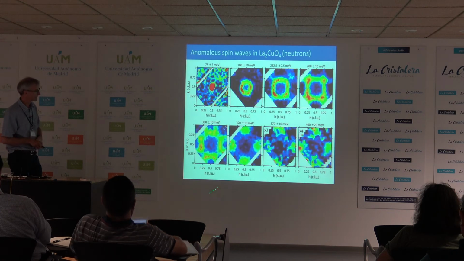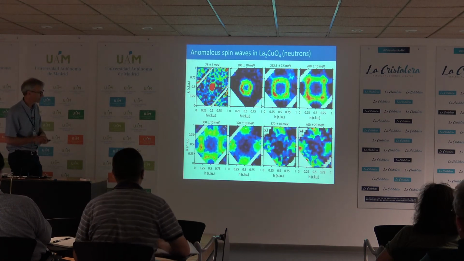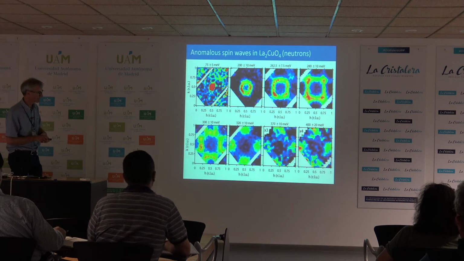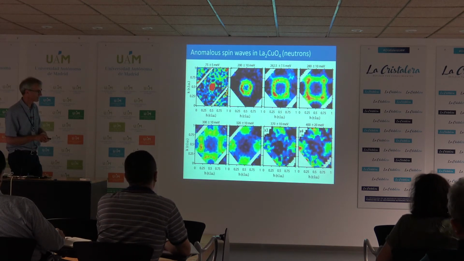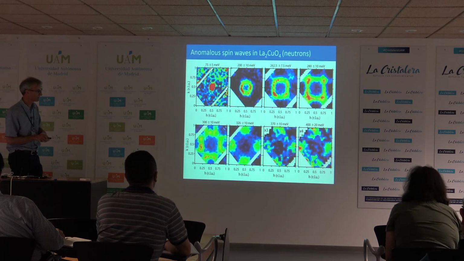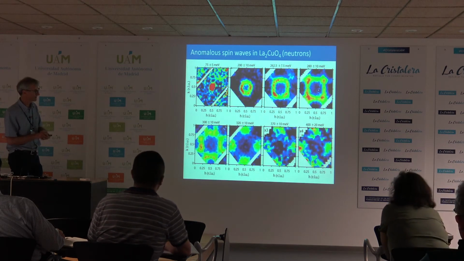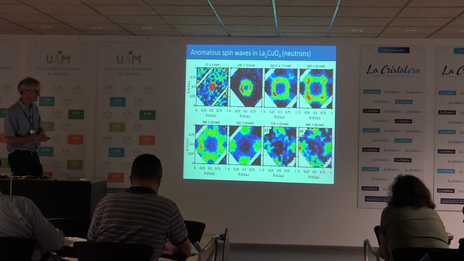And you can see that here. The highest energies, say 300 millivolts up to maybe 400 millivolts, there's this rod of scattering, and that's the anomalous spin wave. The rest of what you see here is just the normal dispersion of the spin wave as we go up in energy. So these blobs here are another way of seeing that effect.